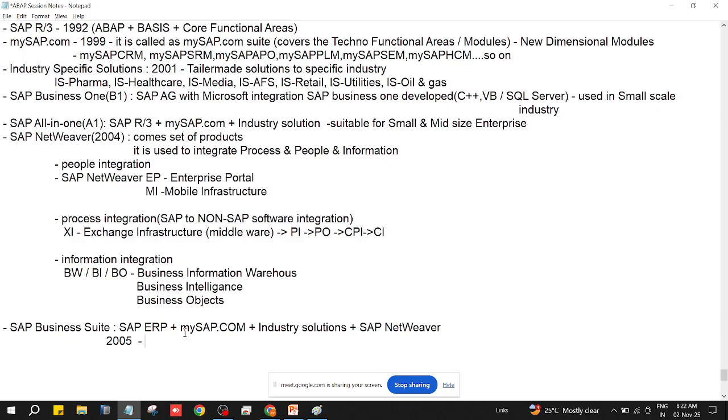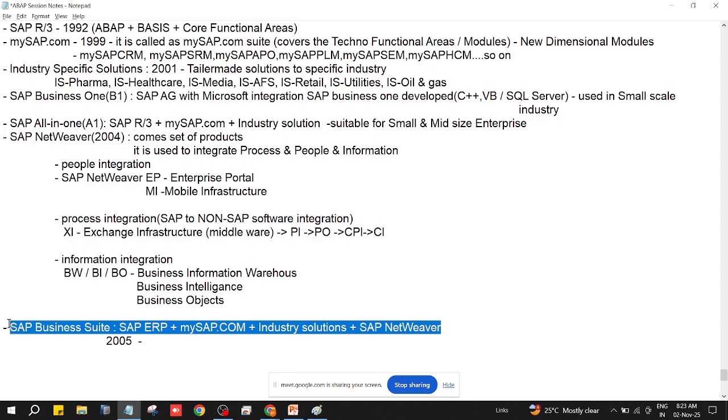That's the business. So if you closely connect, this R3 was renamed as ERP, and mySAP was already there, industry solutions were already added, and this was also added. Whatever these things combined, we call it SAP Business Suite.